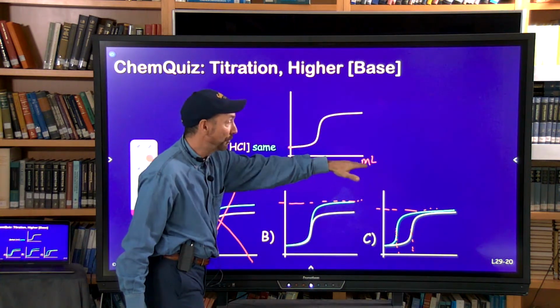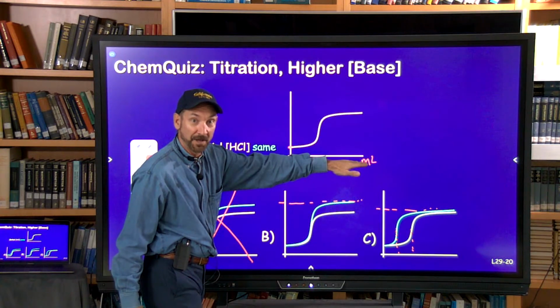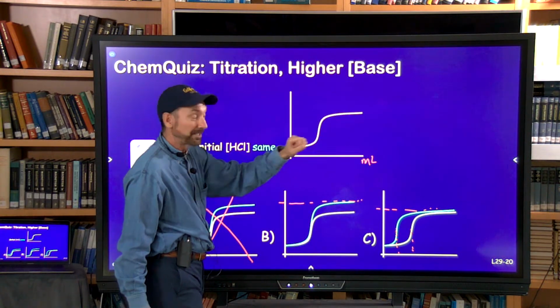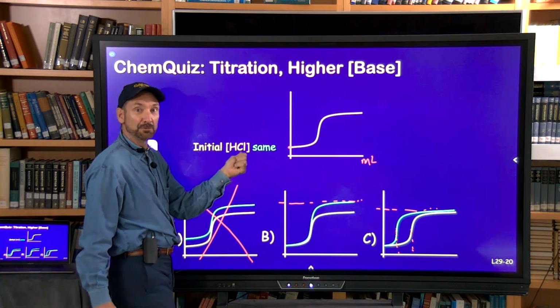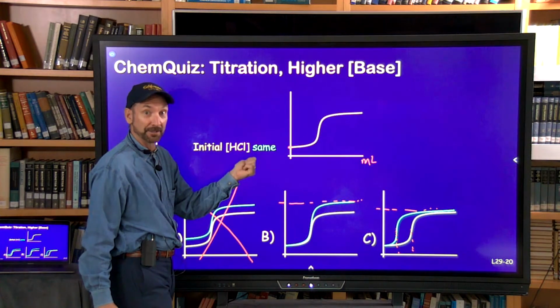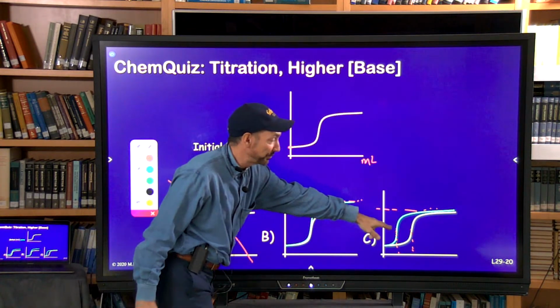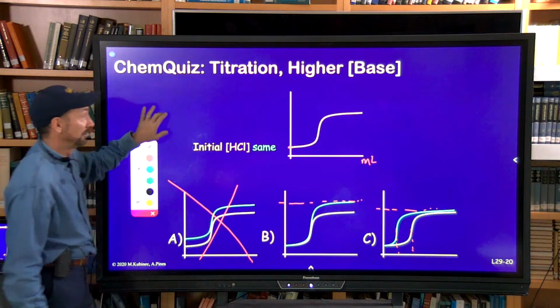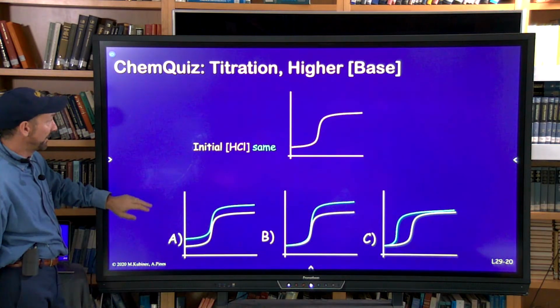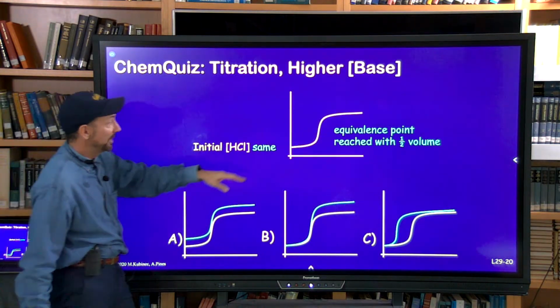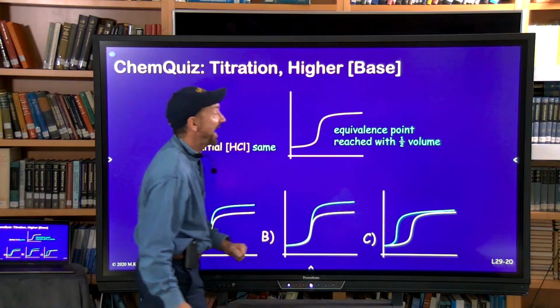So I'm adding moles of base faster per volume. That means I'll get enough moles of base to use up all my acid sooner, and I'll reach the equivalence point sooner. So I think there's probably an animation that shows that. Equivalence point is reached with half the volume.